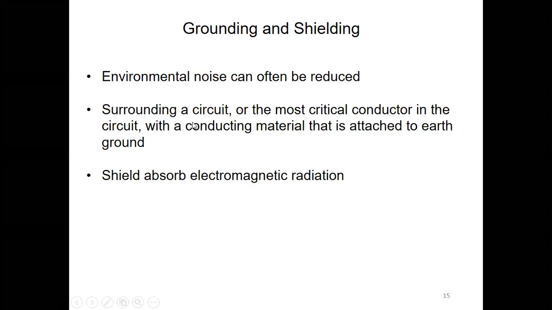So what we can do here is cover a complete circuit, or if we cannot cover the complete circuit, we can cover the most crucial part or most critical conductor in the circuit. So we cover it with the conducting material, and then this conducting material can be earth ground.